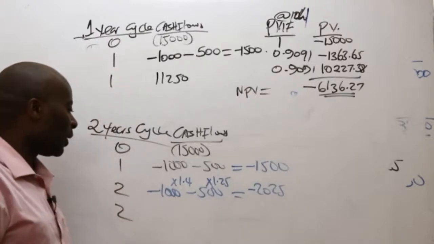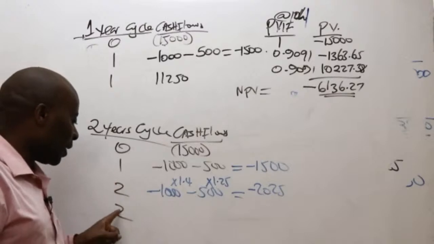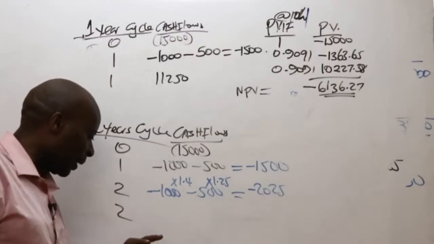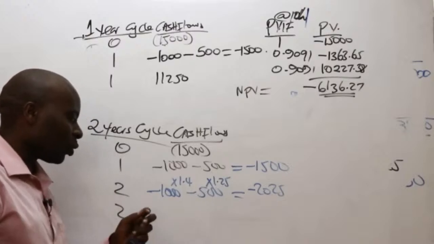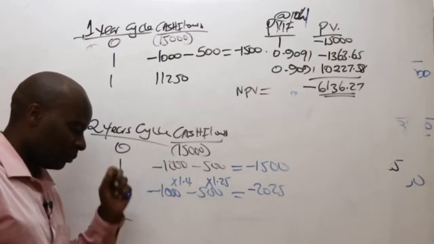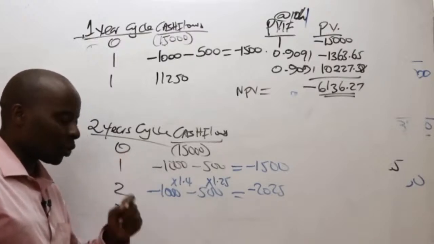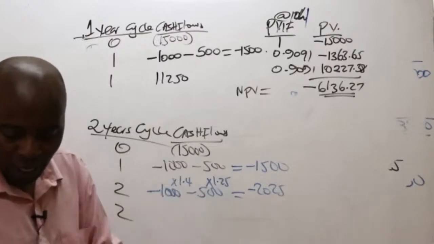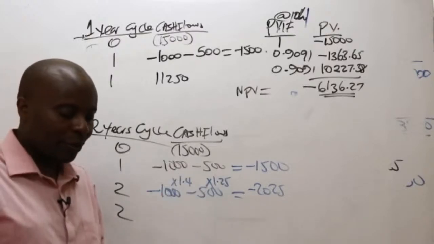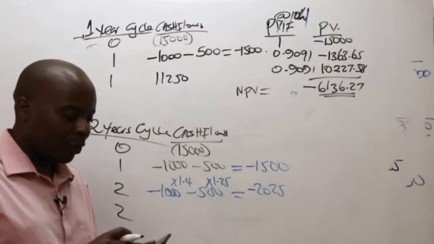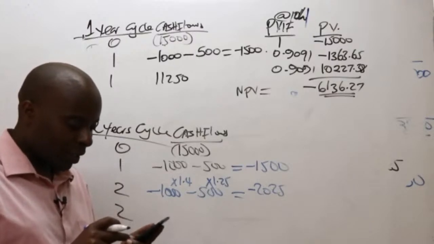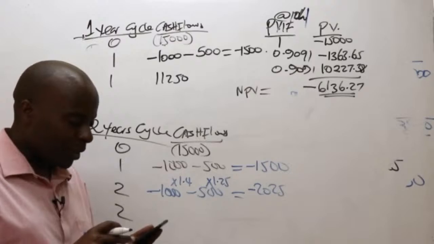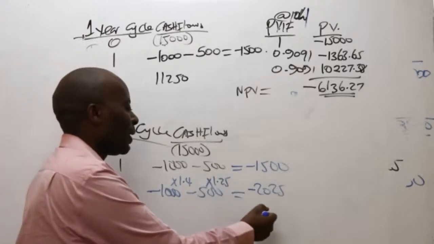Now, ladies and gentlemen, remember this second year is the year of selling the asset, of which they have told you that if you sell it today, you'll be able to get this trade-in value. The trade-in value for year 2, which they have given us, is 9,000.